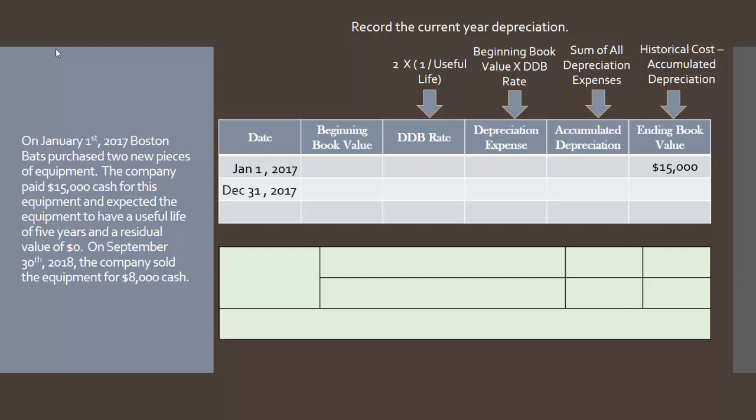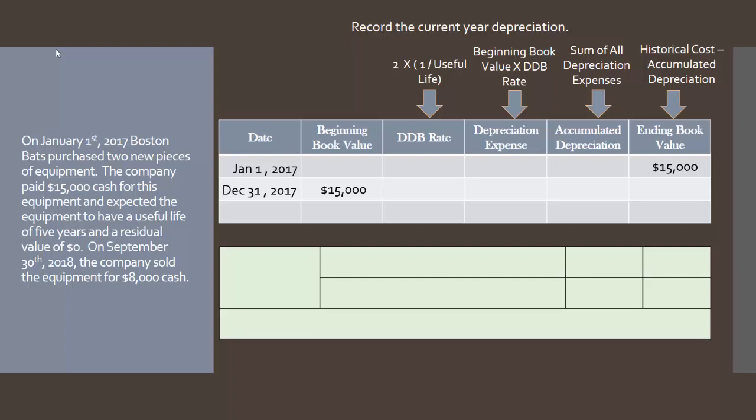And then at the end of 2017, they recorded their yearly depreciation. Beginning book value was $15,000. They're going to use the double declining balance method, which means it's going to be 2 times the straight line depreciation rate.